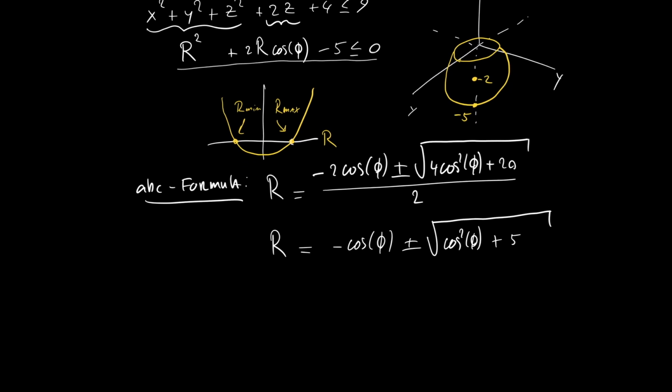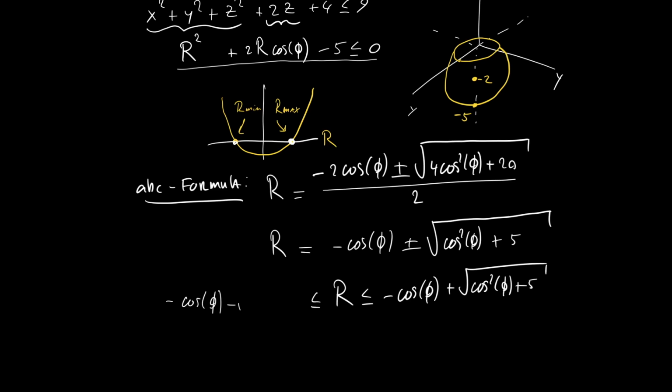And so as I can see in this picture here of the parabola, the upper bound will be where the plus sign is. So we can find that R has an upper bound of minus cosine phi plus the square root of cosine squared phi plus 5, and a lower bound of minus cosine phi minus that square root.